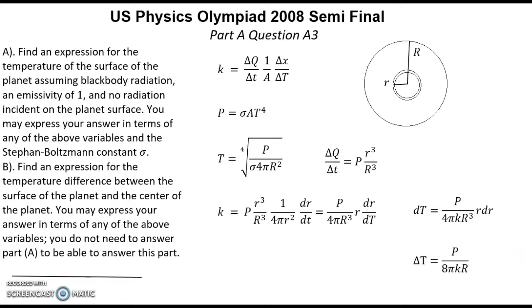That will be this one. On the left side we have the temperature difference, and on the right side we integrate from 0 to big R. So that's the answer for question B.